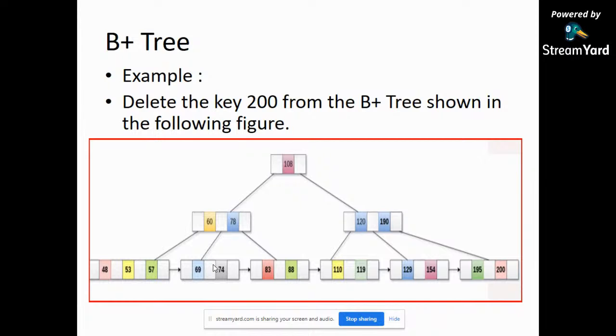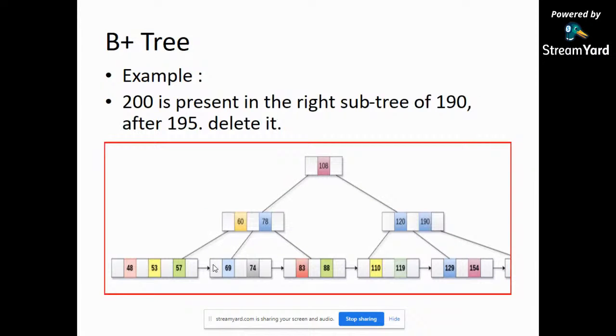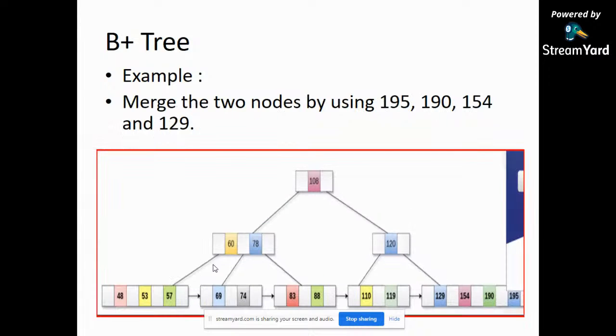So only 195 will be left. So what we can do is merge that 195 with 154. So here you can see, we brought 190 down, 129, 154, 190 we brought down, and then we had inserted 195 there. So after deletion, we had merged two nodes.